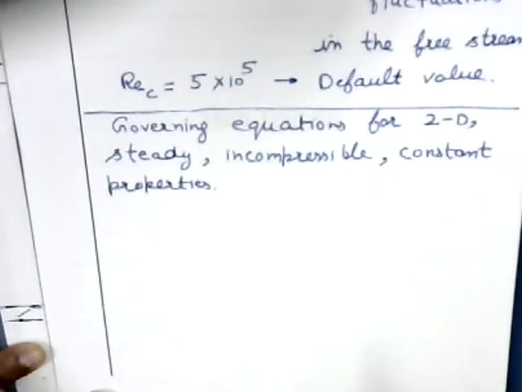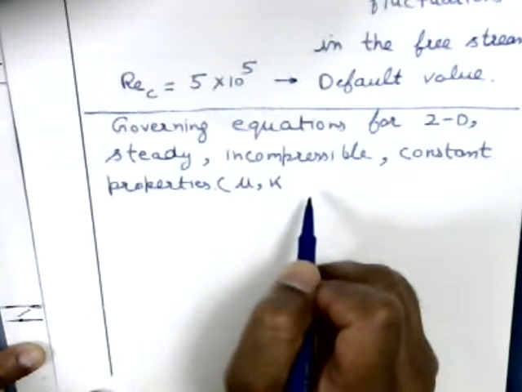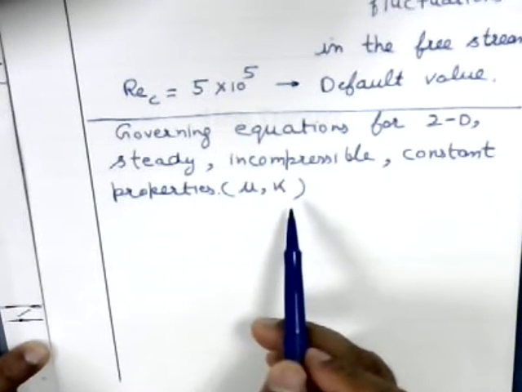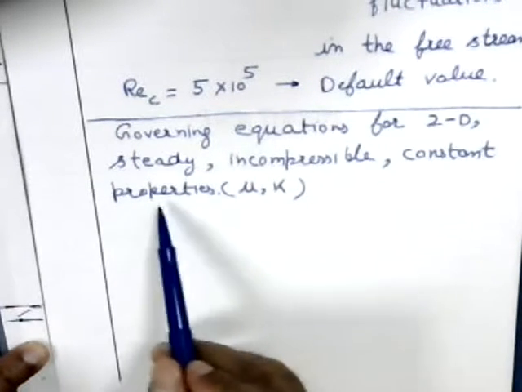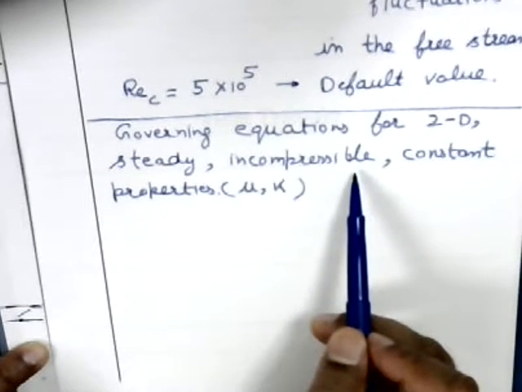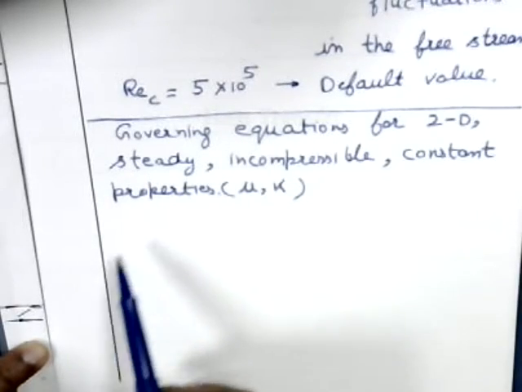So these properties like viscosity and thermal conductivity are constant. You know, in reality they depend on temperature, but at this point we are going to consider these properties as constant. Flow is incompressible, so density is constant, and just two-dimensional, steady state.